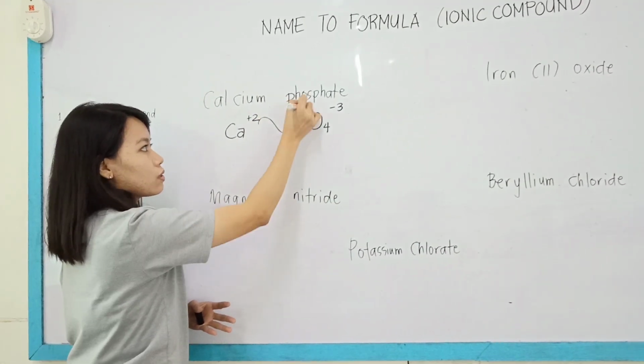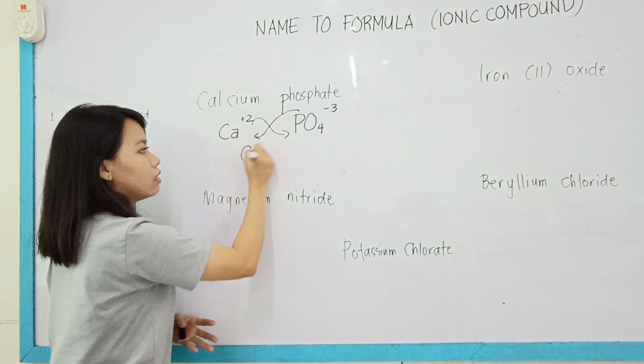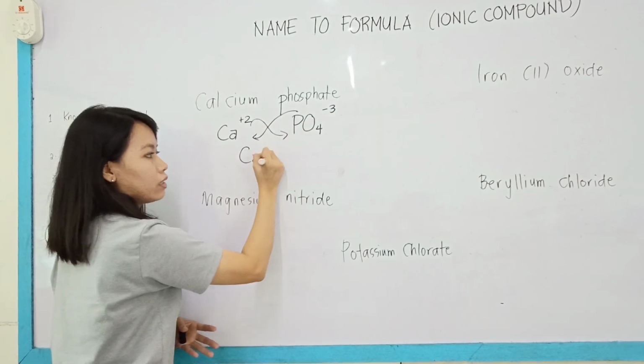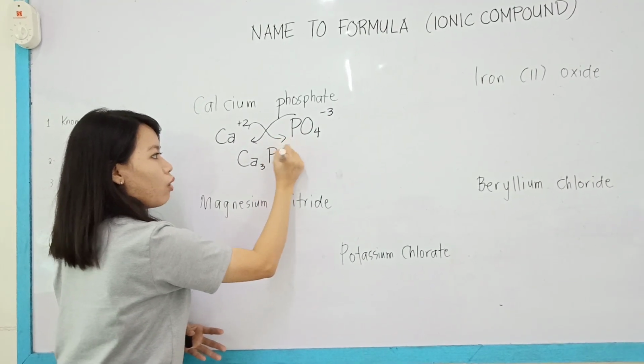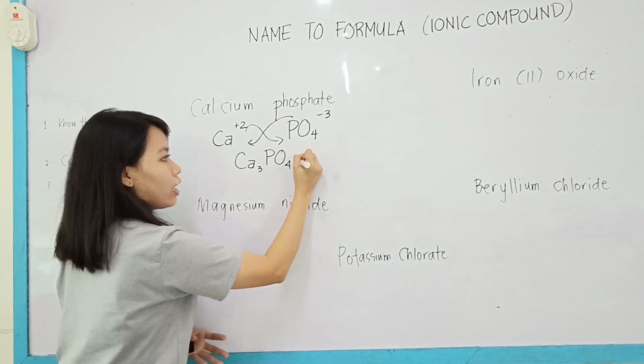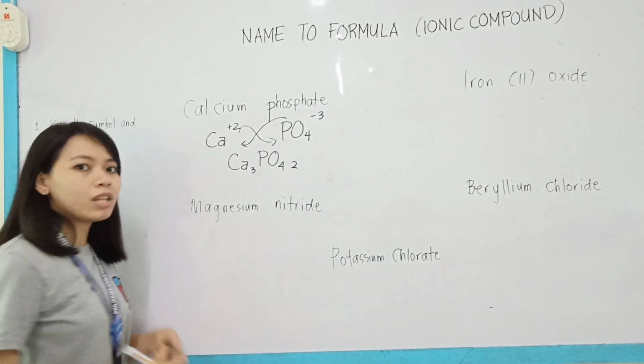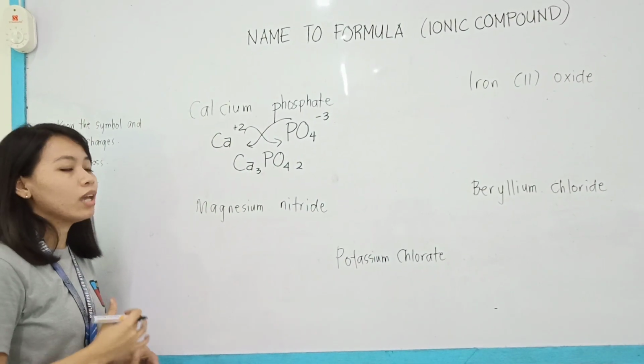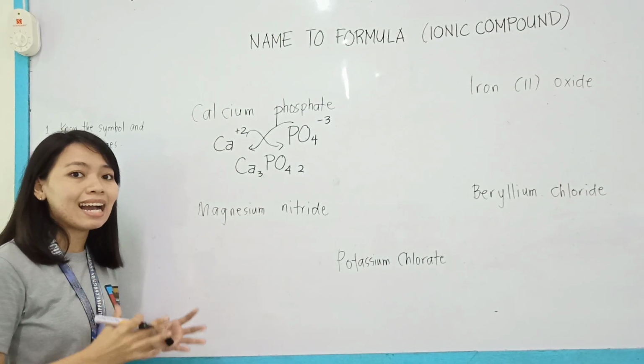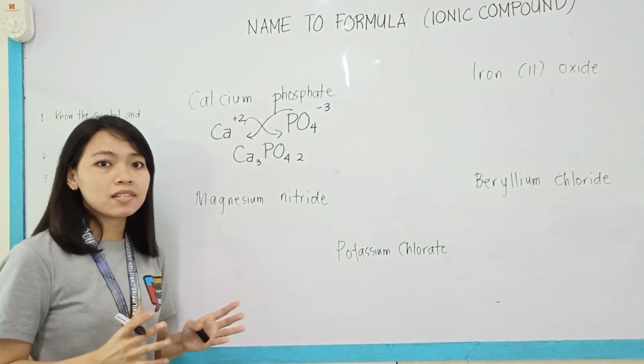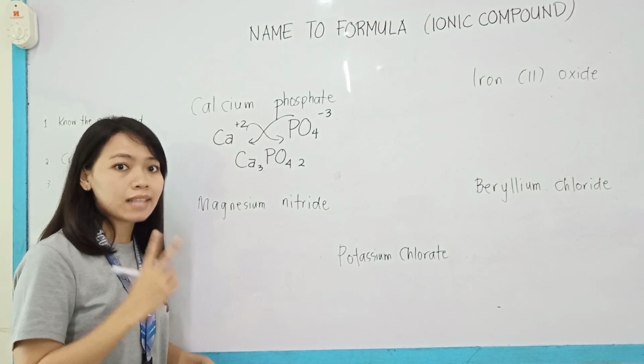So crisscross. We have calcium 3, PO4, then 2. Kung natatandaan niyo yung sa previous lesson, kapag polyatomic ions, kailangan naka-enclose siya sa parenthesis kapag 2 or more ang subscript.